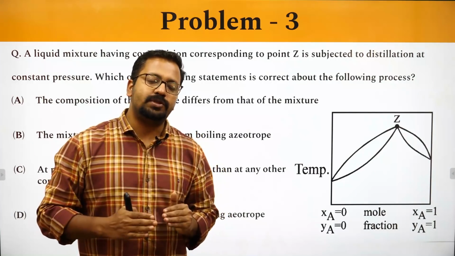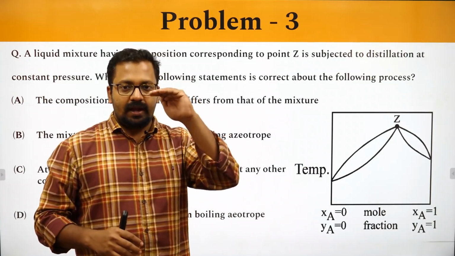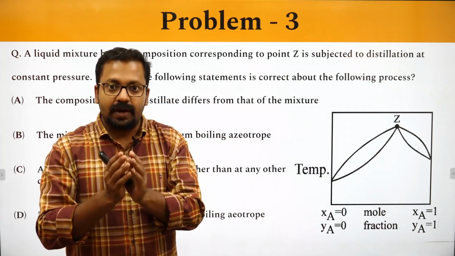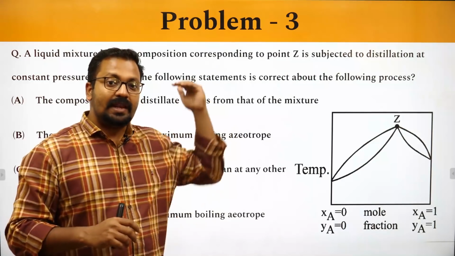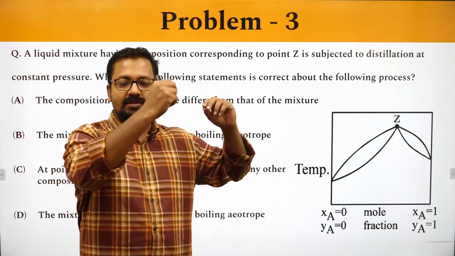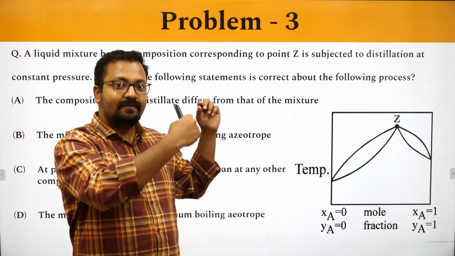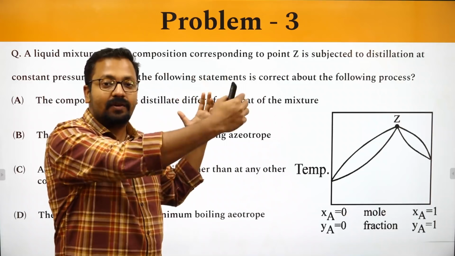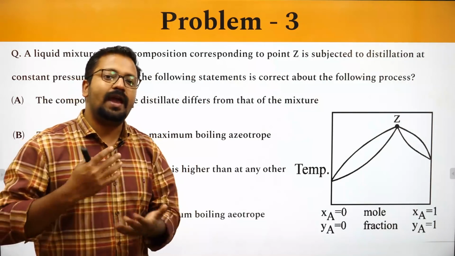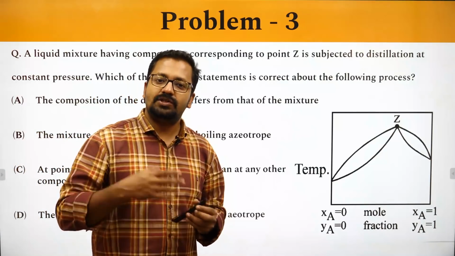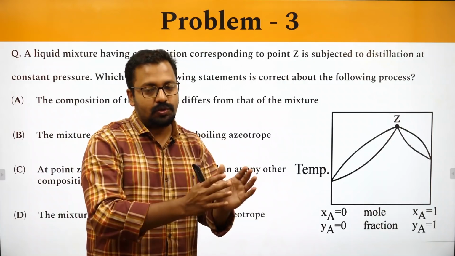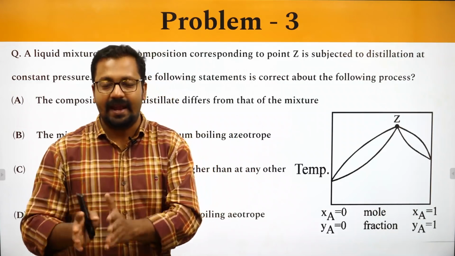This roadblock comes because there is no corresponding vapor plot with respect to the liquid plot. If you remember the lever rule, we had in the same temperature axis a vapor curve and a liquid curve. But in this case, we do not have such a scenario. Now, how do we identify azeotropic mixtures? Azeotropic mixtures are formed when the solution shows positive deviation or negative deviation.